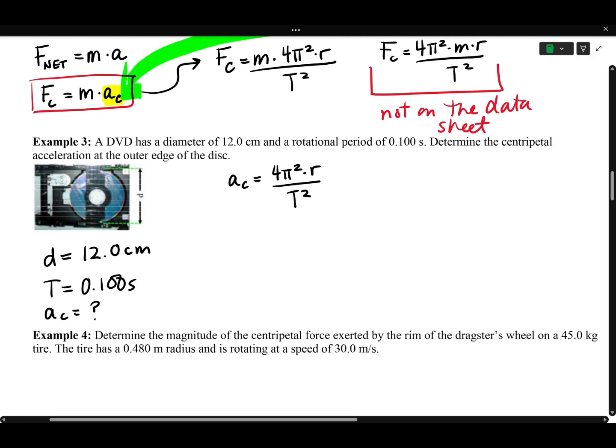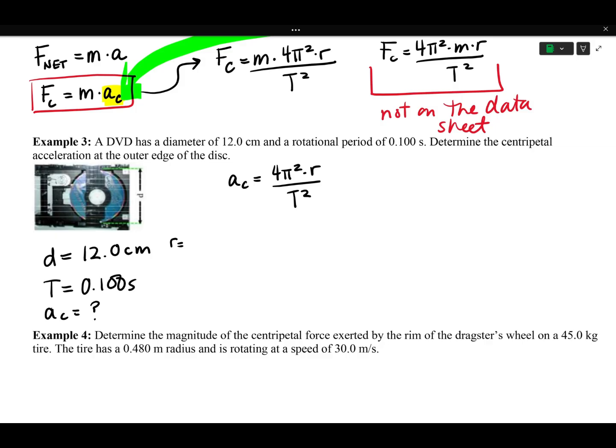Okay, so now I need to look at my diameter and I need a radius. So if I want to solve for my radius, it is going to be my diameter divided by 2, which will give me 12 over 2, which will give me 6 centimeters. We normally do our distances in meters, so we want to put it in meters because we need meters per second squared for acceleration, especially if we're going to be using it in a force equation, right?